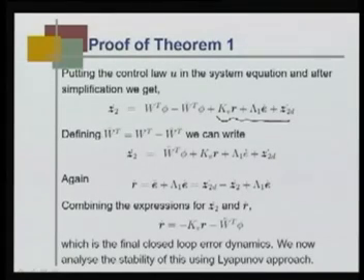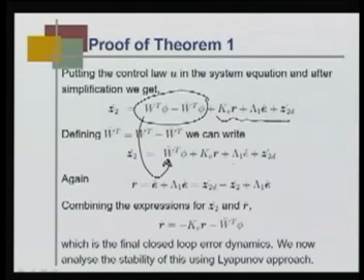So, defining the weight error matrix W tilde according to this, we can write Z2 dot, this particular term, as W tilde transpose phi plus these three terms KVR plus this term into E dot plus Z2 d dot.